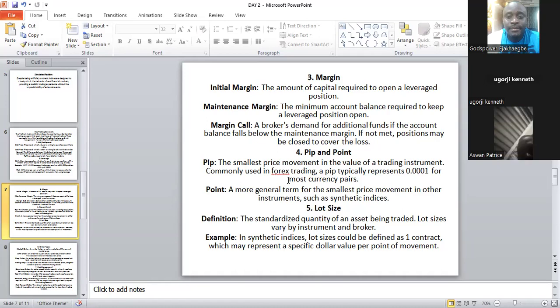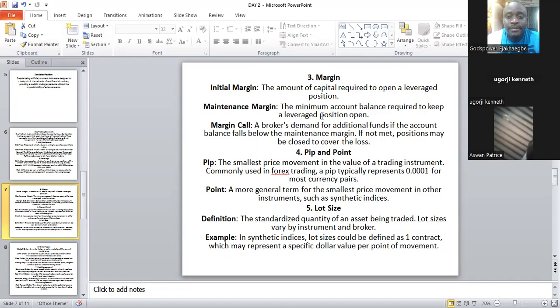Points are a more general term for the smallest price movement in other instruments, such as synthetic indices.